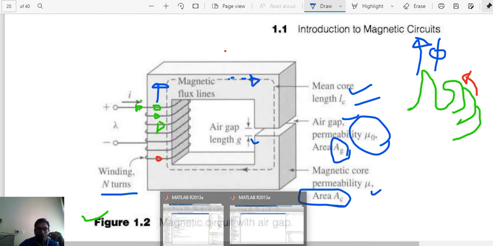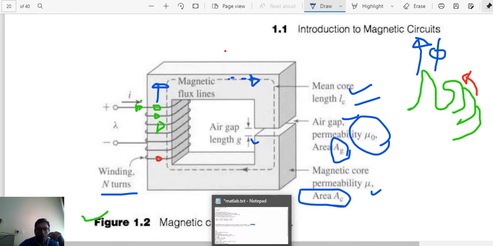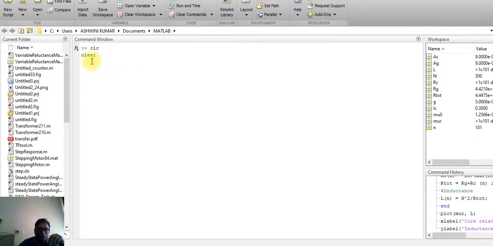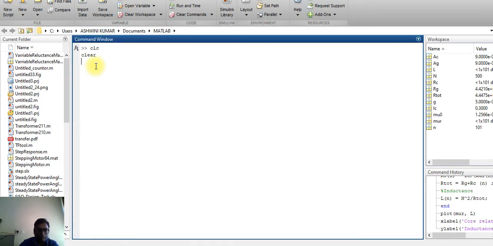Now we will check the coding for the MATLAB. This is the MATLAB command. First is clear, and after it we place mu naught equal to pi into 4 e minus 7.